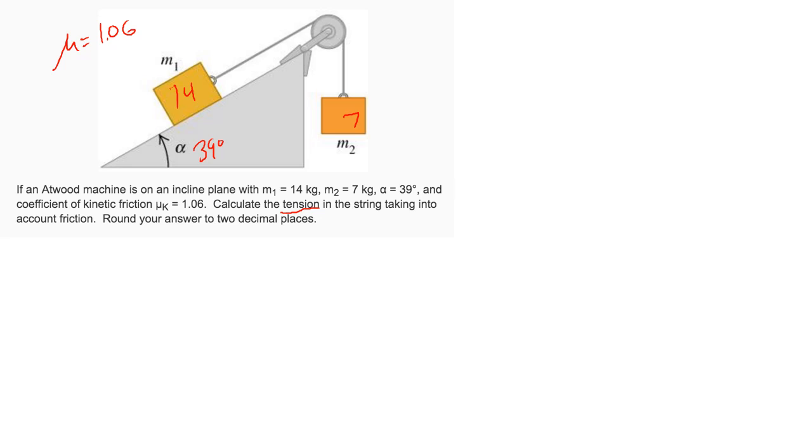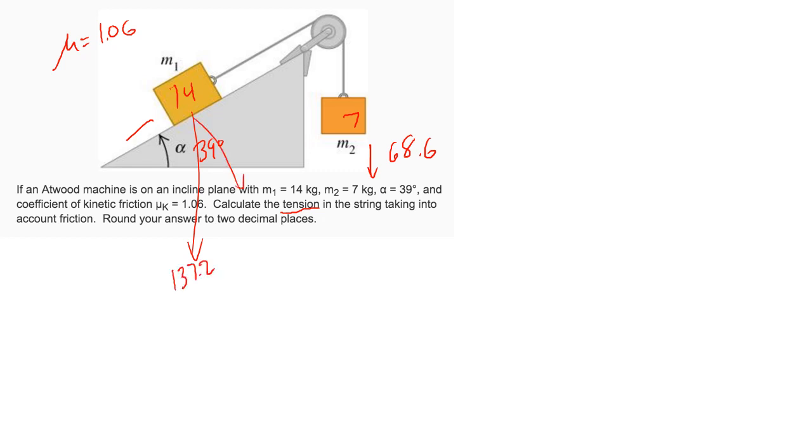Okay, hopefully you've tried it at least. So we're going to figure out the forces first. 7 times 9.8 is going to be 68.6. So we have to split this one apart, right? So 14 times 9.8 is going to be 137.2.